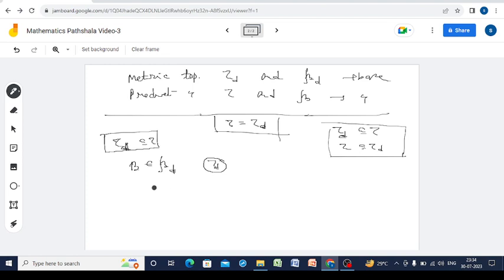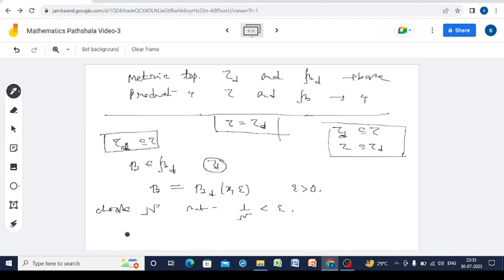Since this is a basic open set in the metric topology, B will be of the form B equal to Bd(x, epsilon) for some epsilon greater than 0. Now choose n large enough such that 1/n is less than epsilon. We can choose such n by the Archimedean property.